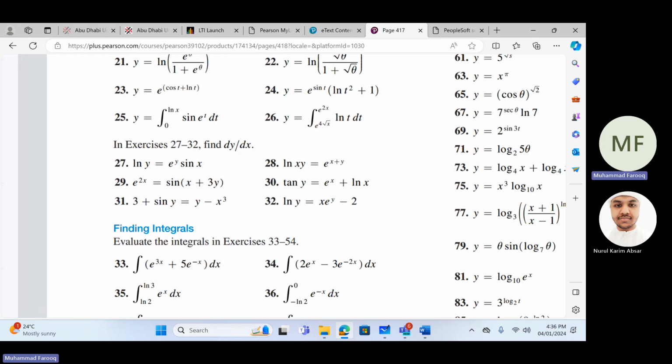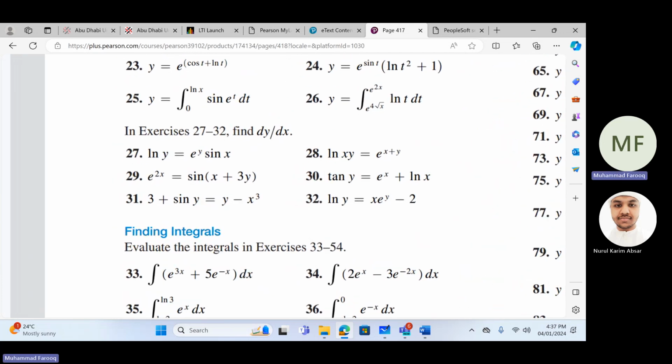Let's try 27. What do we need? Our objective is y prime. Kindly try 27, because 27 to 32 use the same concept, the same way. Then we proceed to integration.